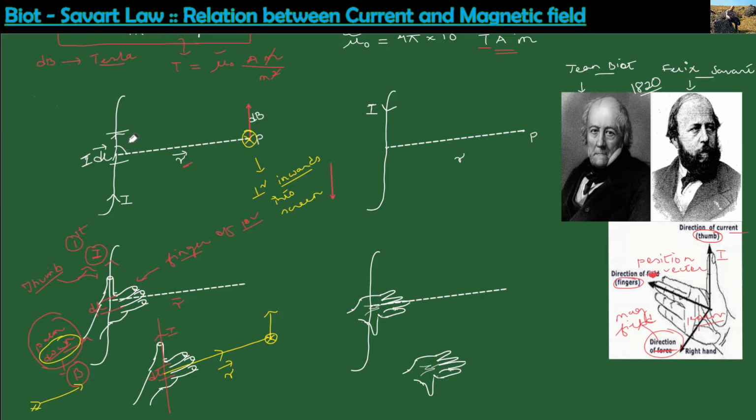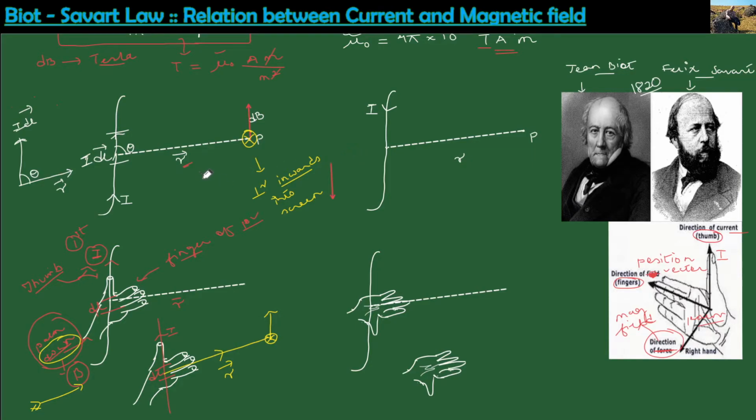Then from here, there is some angle between IDL and R. This vector is our IDL vector, and this is our R vector, our position vector. Then there is an angle between I dL and R, which is theta. The perpendicular component of IDL will give you sine of theta.